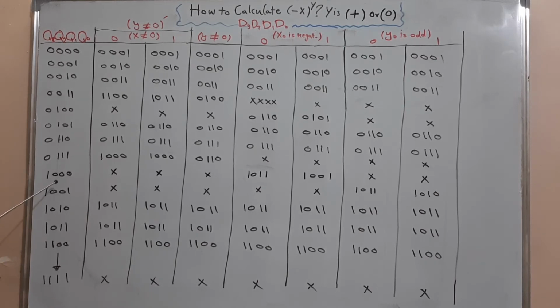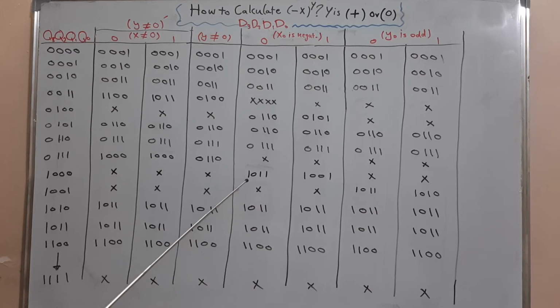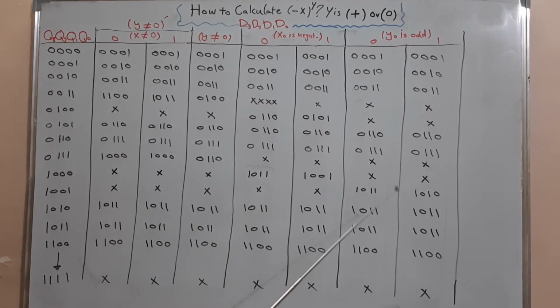After the 9th state, the computer system will test whether XO is negative or not. If it's negative, then it will go to the 10th. If it's not negative, then it will go to the 12th. After the 10th state, the computer system will test whether Y is odd or not. If it's odd, then it will go to the 11th state.